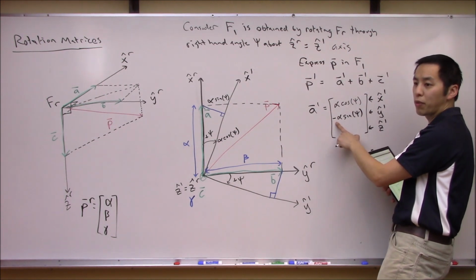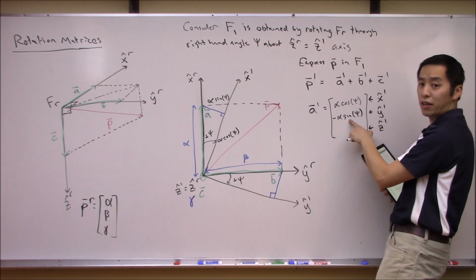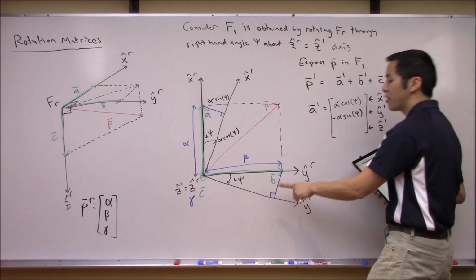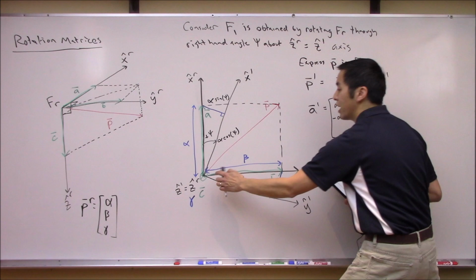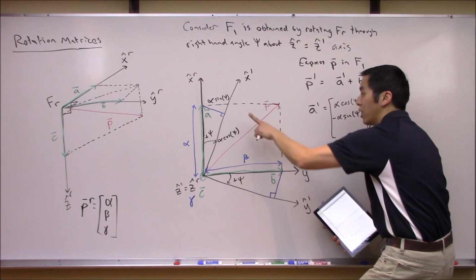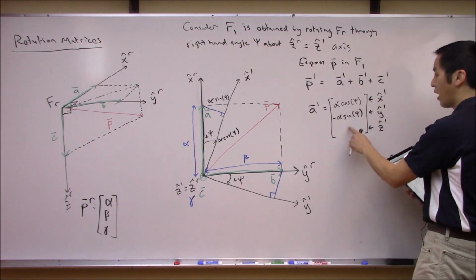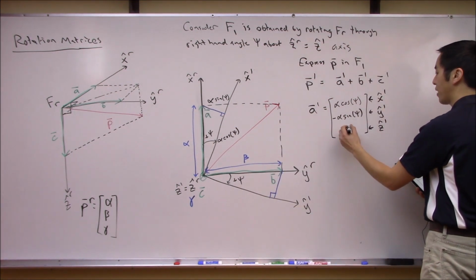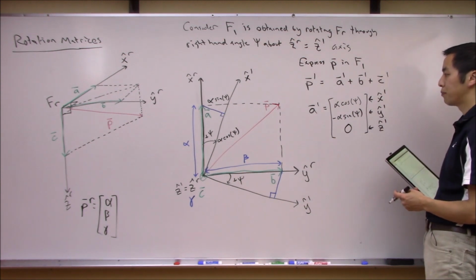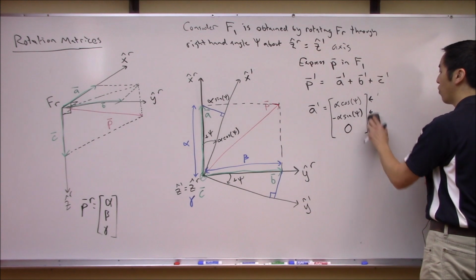I guarantee you the number one place people screw things up in rotation matrices is this minus sign that shows up here with this sine. And this is exactly where the minus sign comes from: I'm here, and instead of walking in the positive y direction, I have to walk in the negative y direction to get to the tip. And then how far do I walk in the z direction? Well, that's 0 for this component. Okay, great. So I think we nailed this for A1.